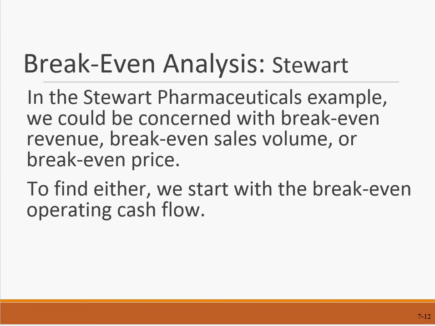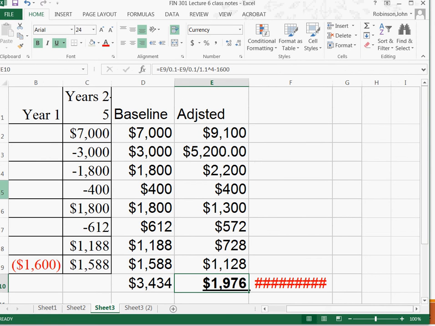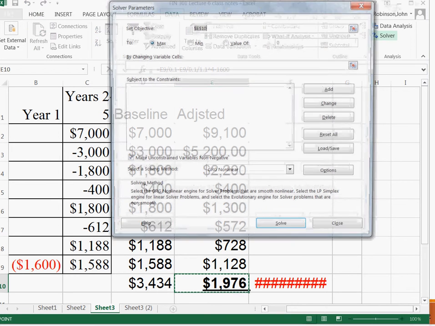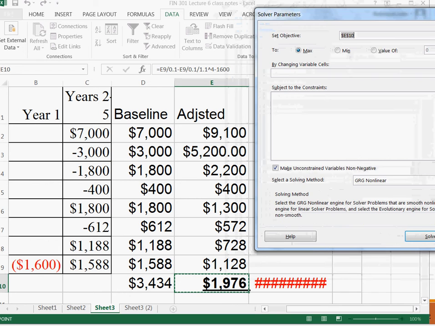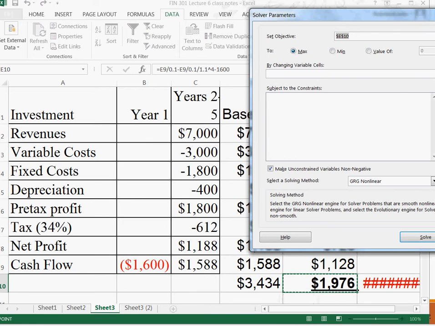So I'm going to have Solver here, and let's do accounting break-even on our baseline model. Now our labels are visible here. We want net profit to be 0 for accounting break-even. So let's set this to a value of 0, and we're going to do it by changing revenue.